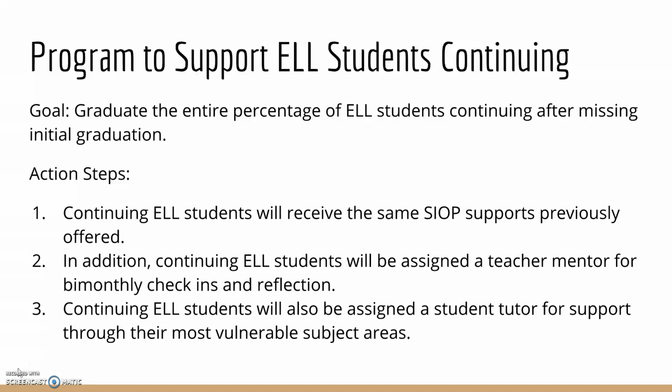But also they need to be assigned a teacher mentor to check in with them every other week, to reflect with them and just make sure that they have someone who has their back and who's going to guide them through this process, because obviously they're going to need some extra support. Continuing ELL students will also be assigned a student tutor for support through their most vulnerable subject areas. So if they especially struggle with algebra, then they can be assigned maybe an upper level math student to help them in algebra.